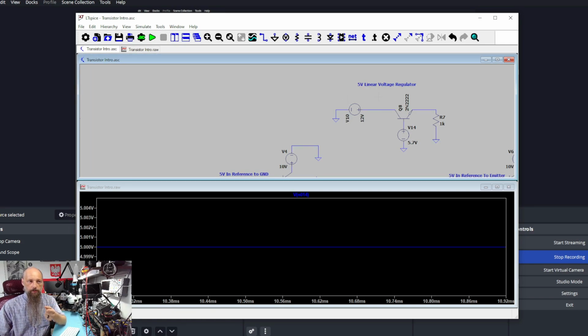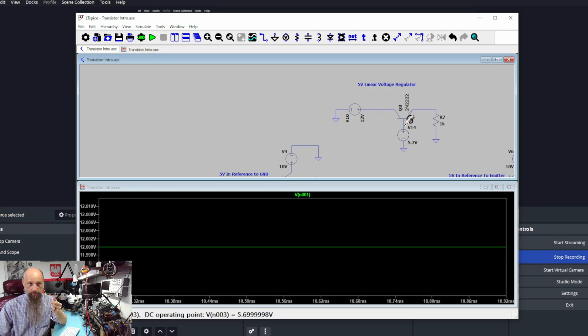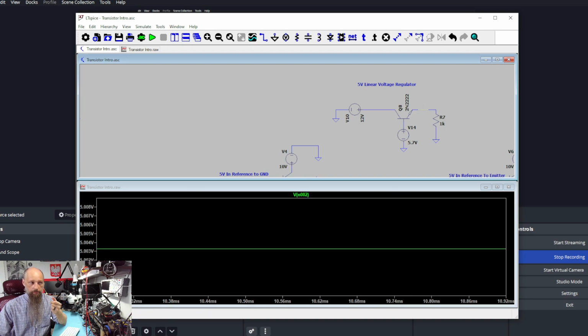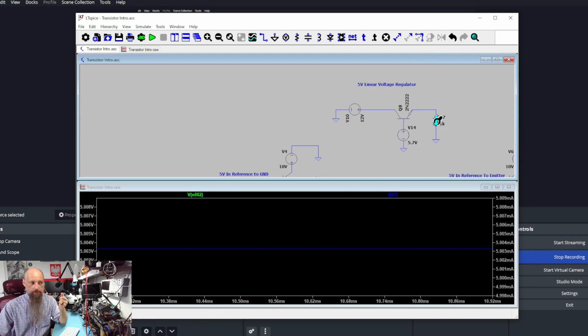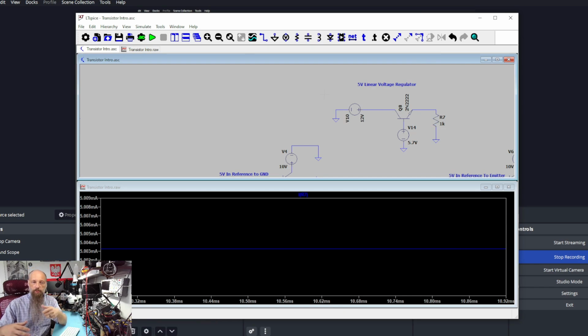As you can see, we're supplying our collector with 12 volts and applying 5.7 volts to the base, which causes our emitter to have roughly 5 volts, which means our resistor is gonna experience a 5 milliamp current flow.